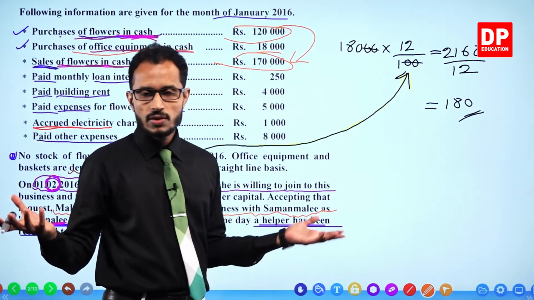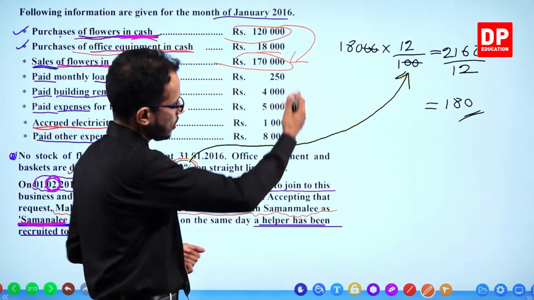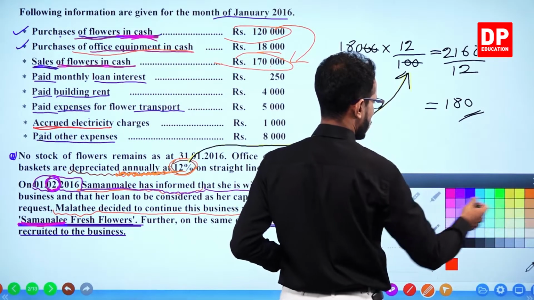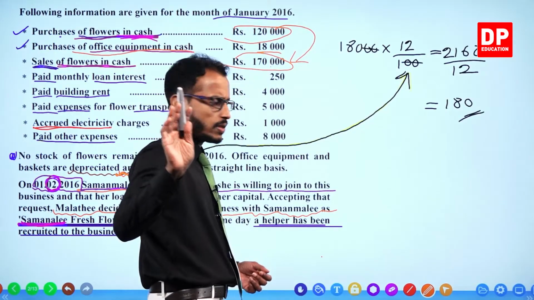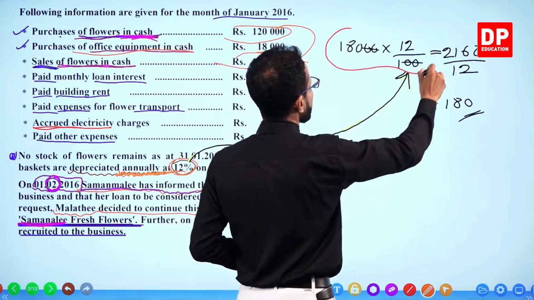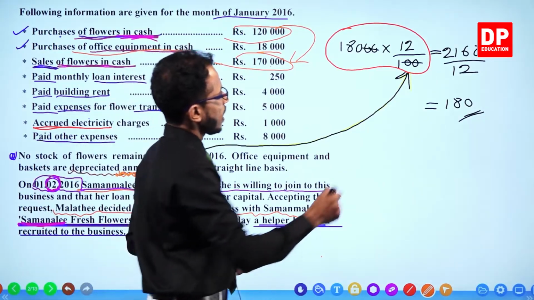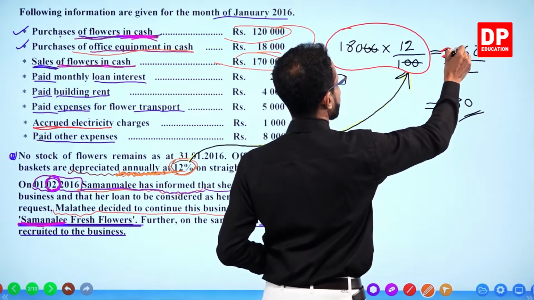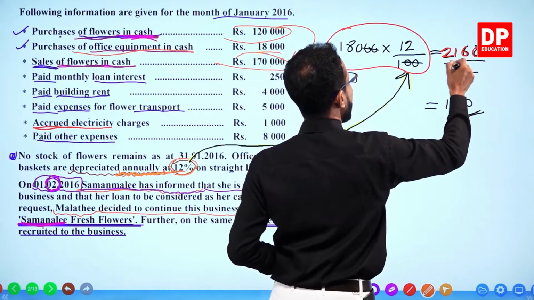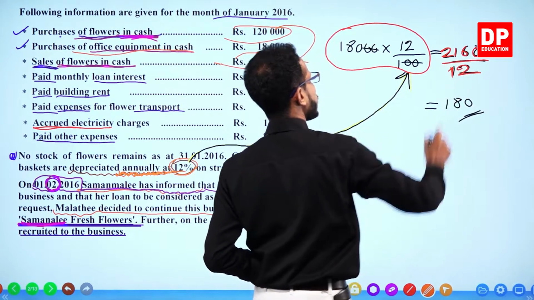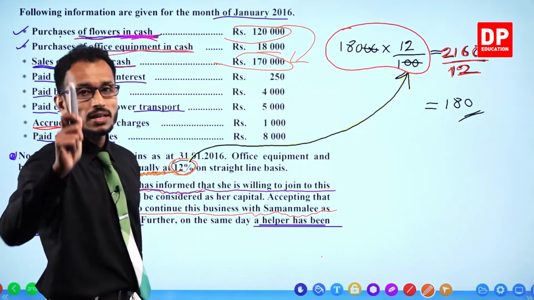Now you are wondering why I divided this calculation by 12. No, wait, don't rush. This calculation is correct, 100% correct. Why did I divide by 12? To calculate for 1 month.